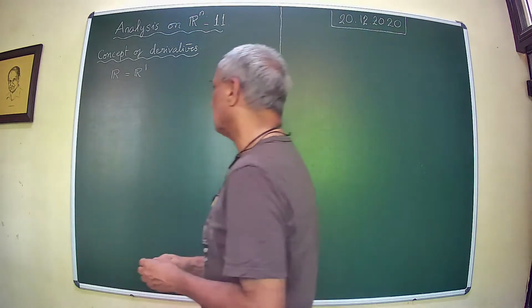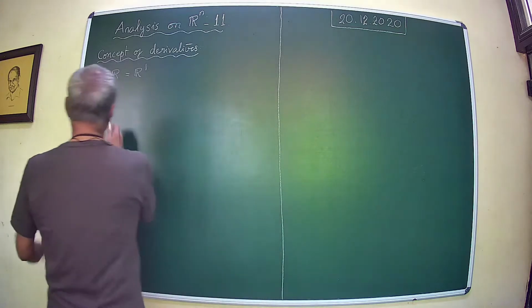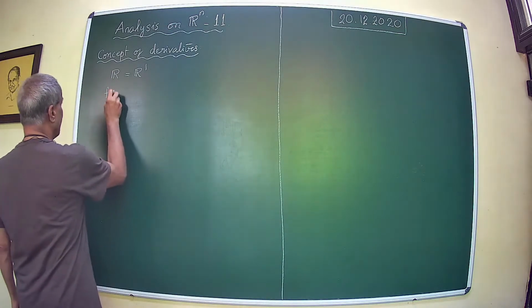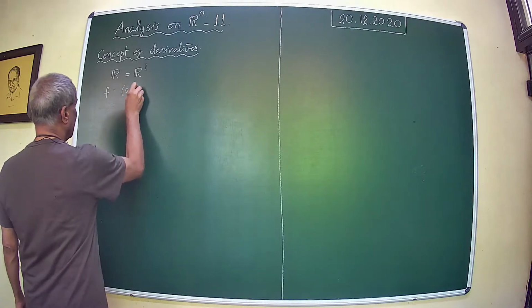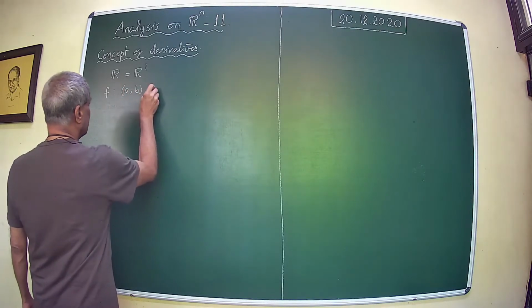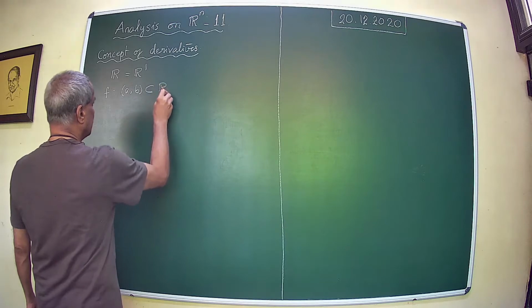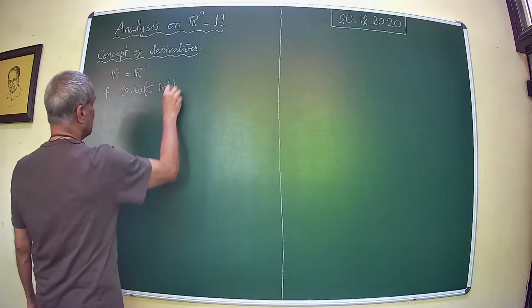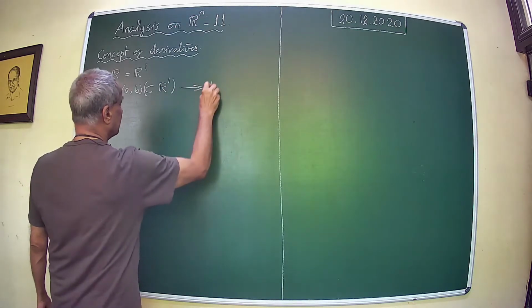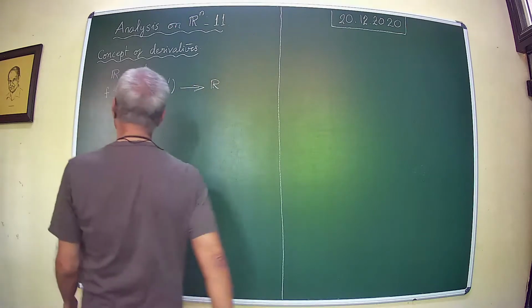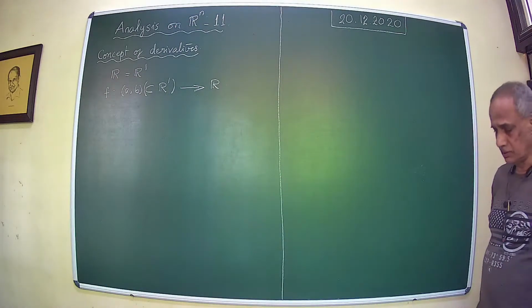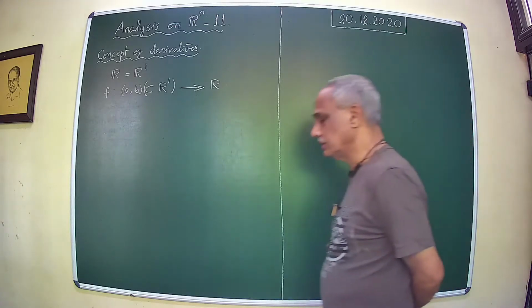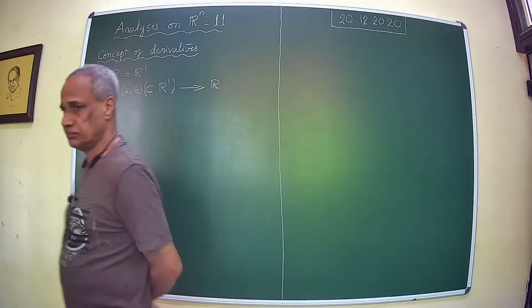So we want to talk about functions f from some interval (a, b) contained in R1 to R, that is, real valued functions defined on some open interval in R1.